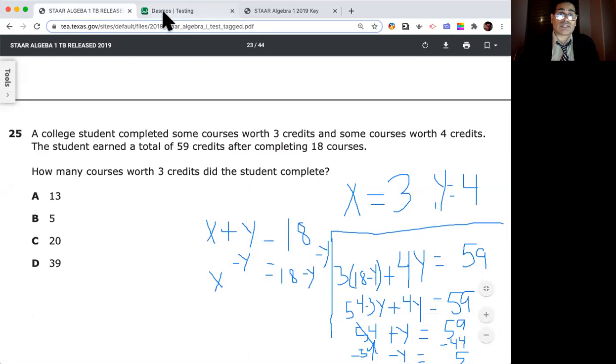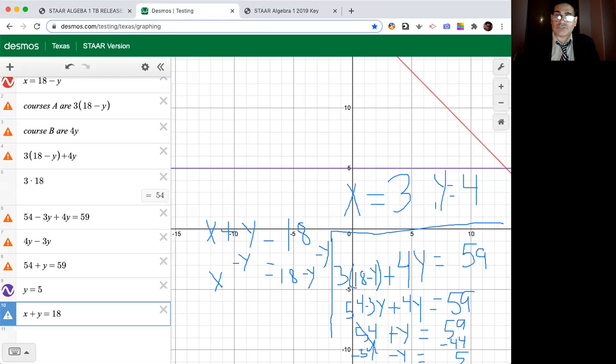Our x's and our y's equal 18 courses. So to solve for y, we go back to our original equation of x plus y equals 18. Okay, and y equals 5.